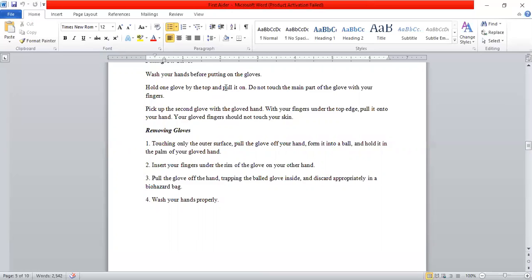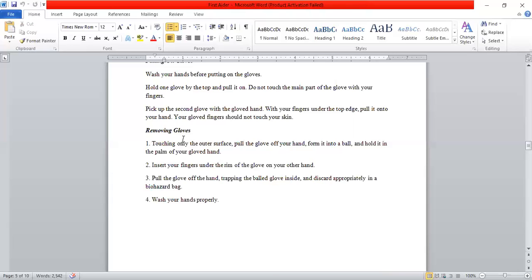When you are wearing the gloves, there are steps: you hold one glove by the top and pull it on. Do not touch the main part of the glove with your fingers. Then pick the second glove with the gloved hand, since the glove is already on, it's clean, and that helps you put it on the other hand.